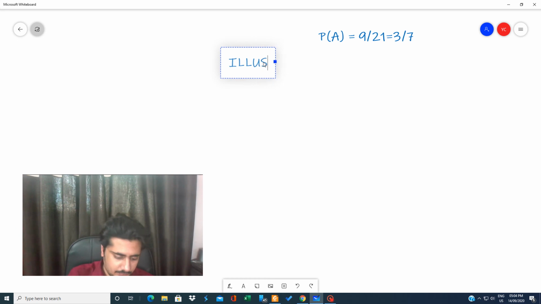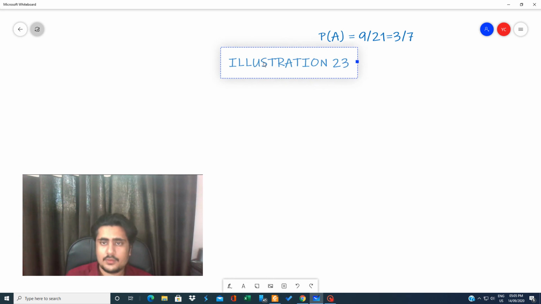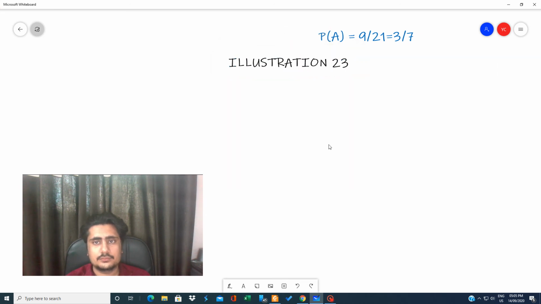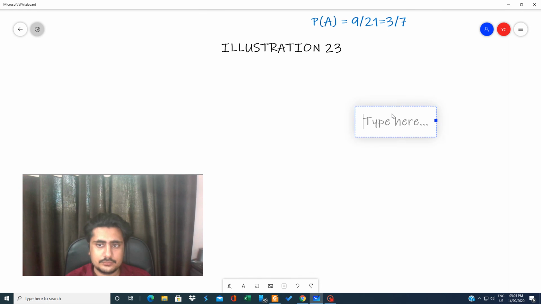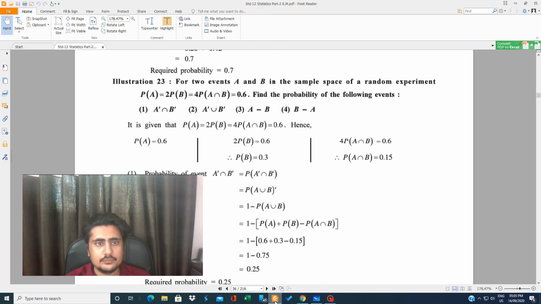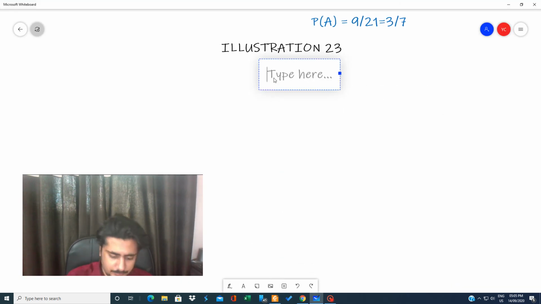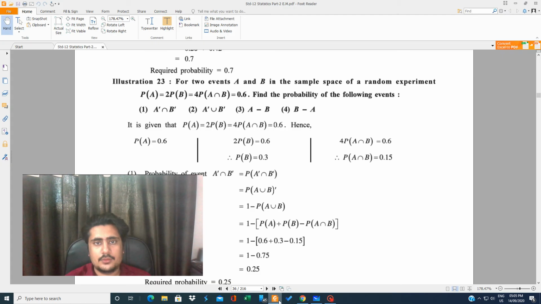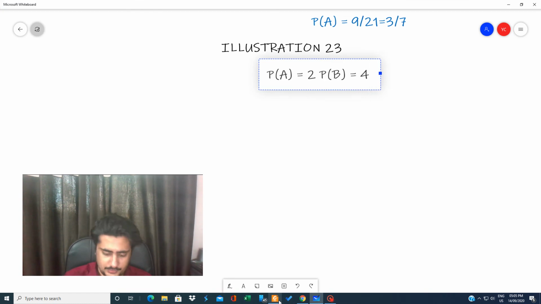Illustration 23. P of A is 0.2, P of B is 0.4, P of A intersection B is equal to 0.06.